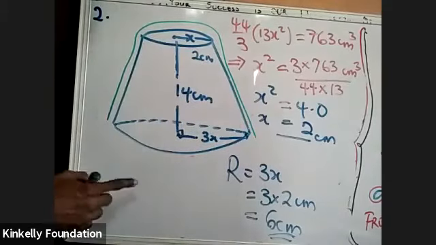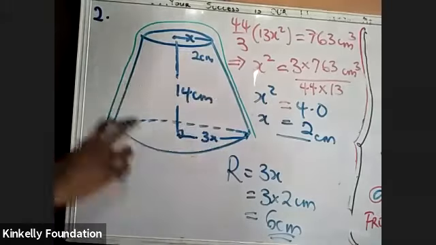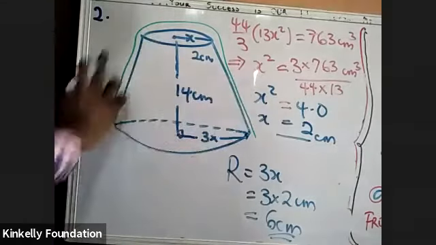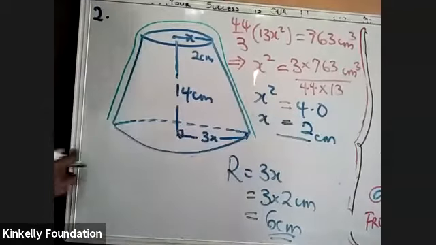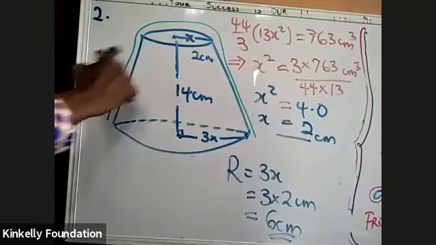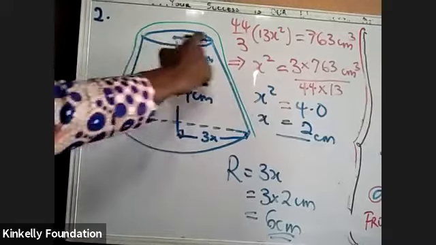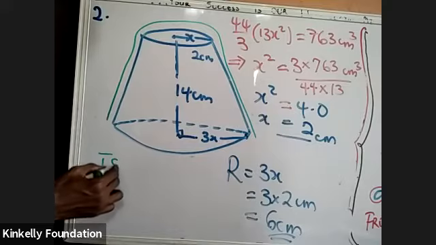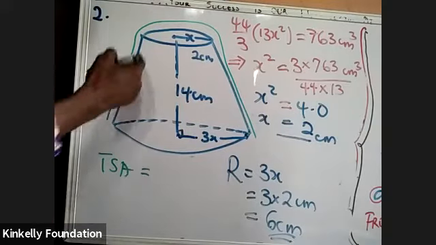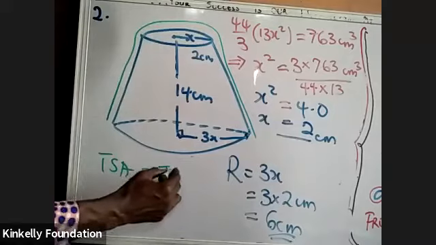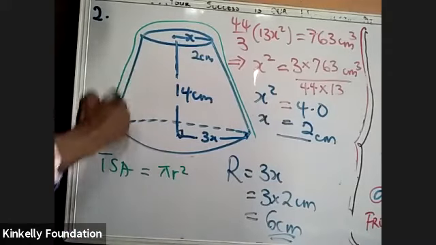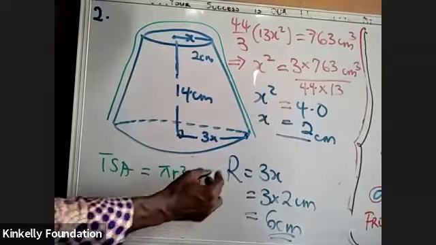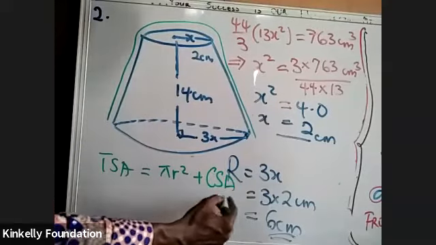So what we are talking about is not just the CSA but the total area of this, except the base. What we mean is the CSA of this plus this. The area of cloth will be the total surface area, which involves us getting the top part plus the CSA of the frustum.